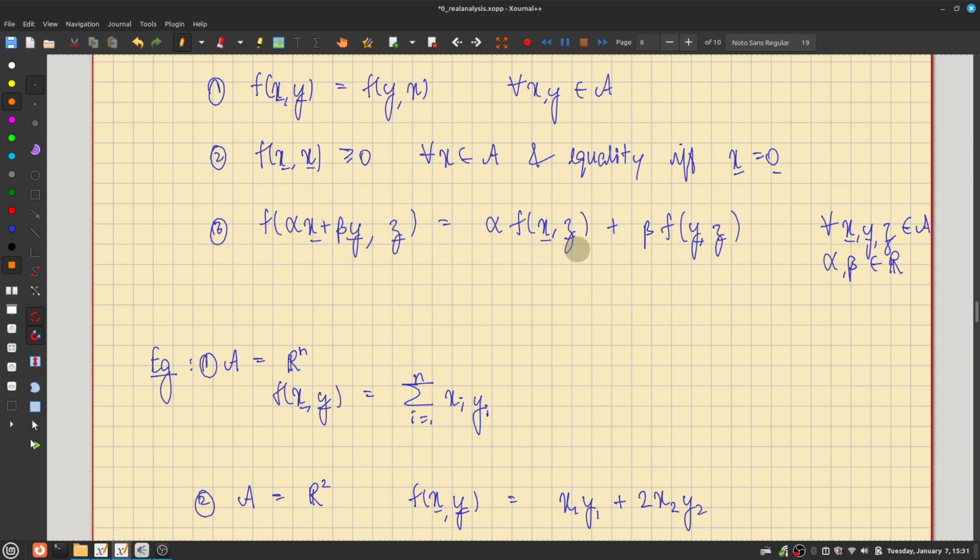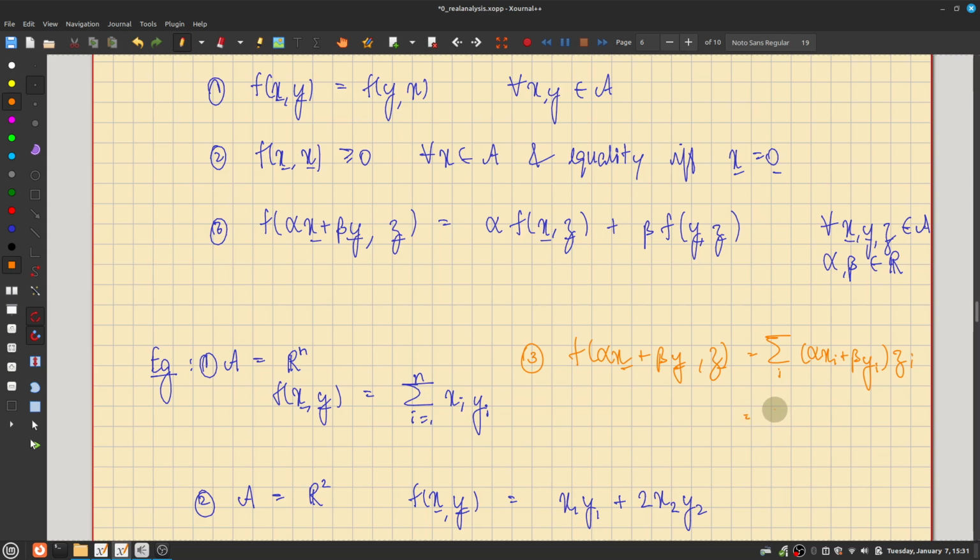Does it satisfy the third property? Third property is f of alpha x plus beta y and z. What is this equal to? It's equal to summation over all i of alpha xi plus beta yi times zi, right?